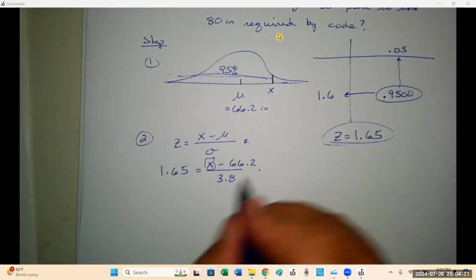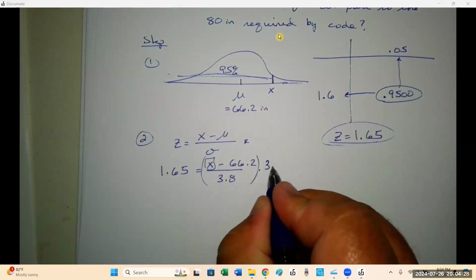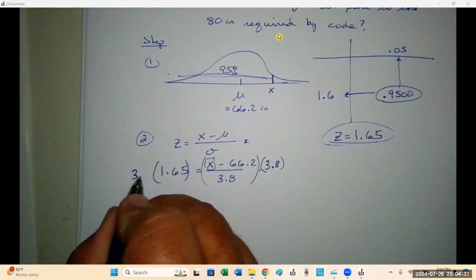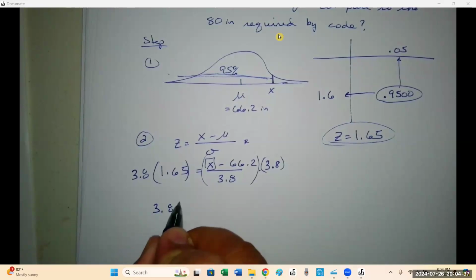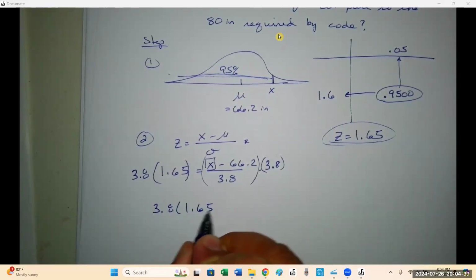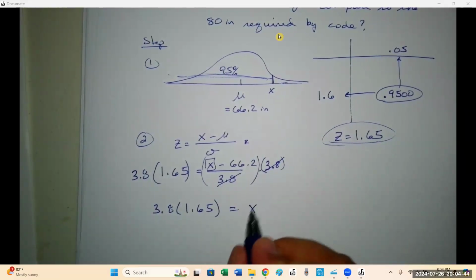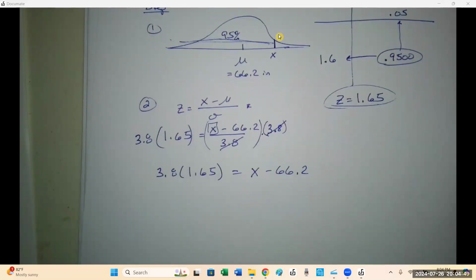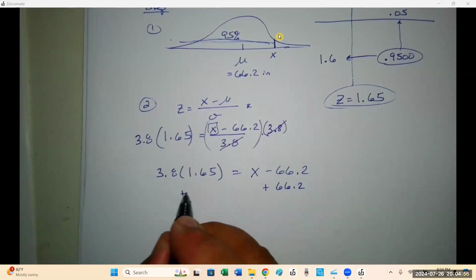First thing we gotta do is get rid of the denominator. So multiply both sides by 3.8. So we have 3.8 times 1.65 equals X minus 66.2. Add 66.2 to both sides.